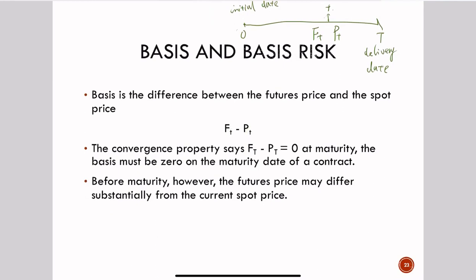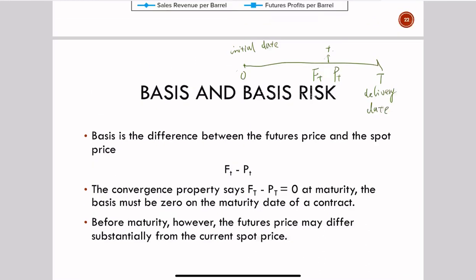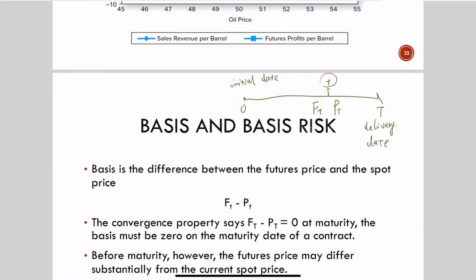Now, what is the motivation for this definition? Why do we define this? Well, the underlying motivation is that at this time t, the futures price ft and the spot price pt, it's possible they're not the same.